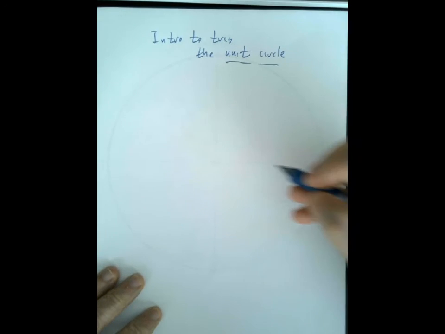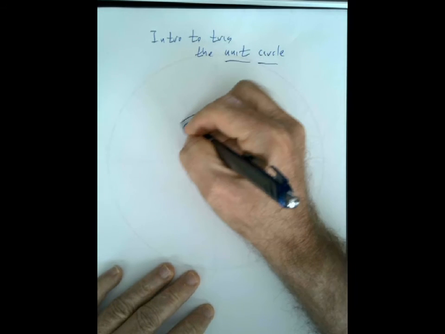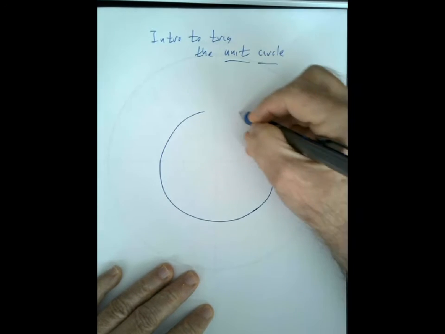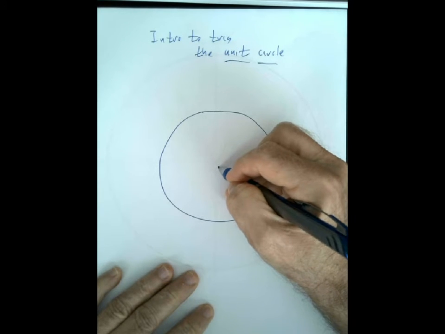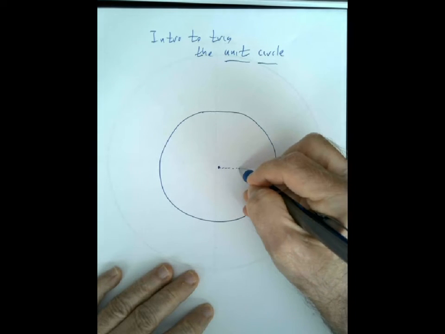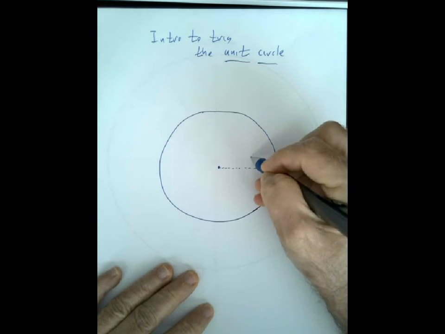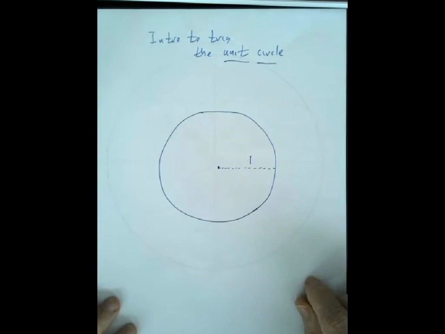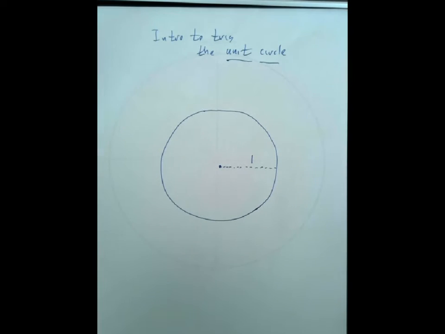Now, it's called a unit circle because it's a circle, and it has a radius of 1. Unit meaning 1, like a unicycle, right? So that's a radius of 1.